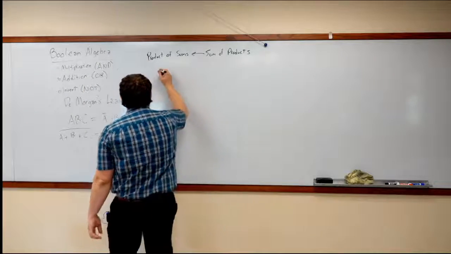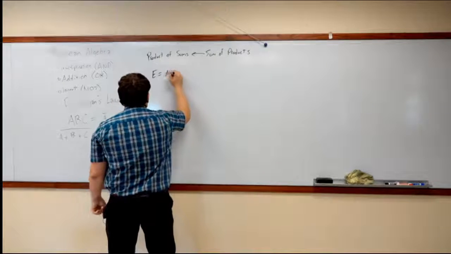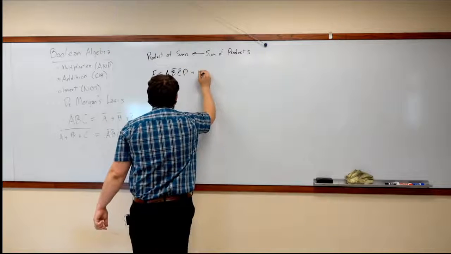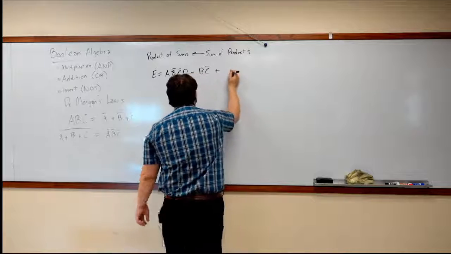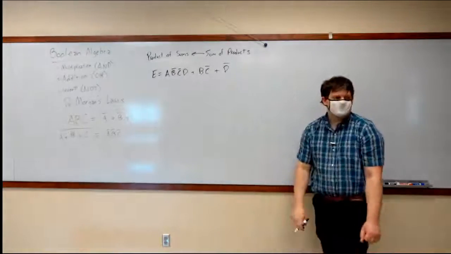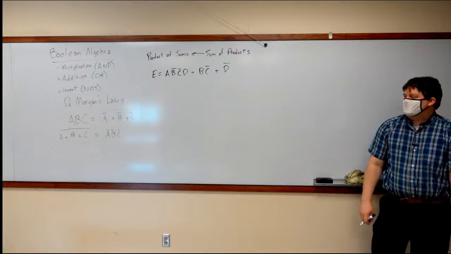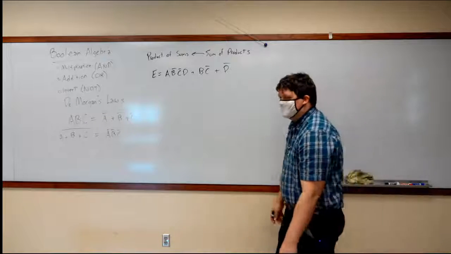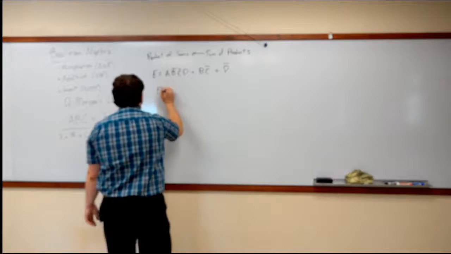So let's say we have E is equal to A, B naught, C naught, D, plus B, C naught, plus D naught. Okay? If we were to plug this directly into De Morgan's law, what is the equivalent product of sums?